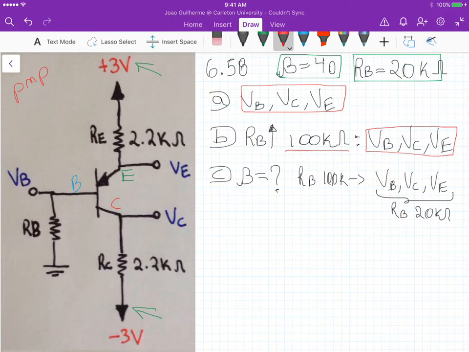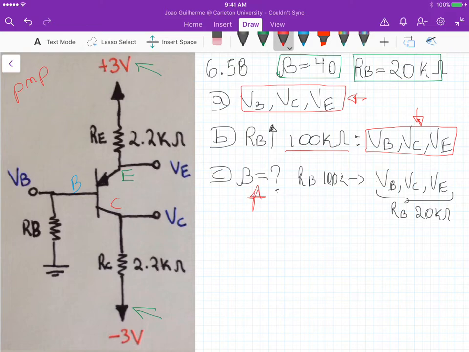Because probably we are going to get VB, VC, and VE different in this configuration than in the first one.